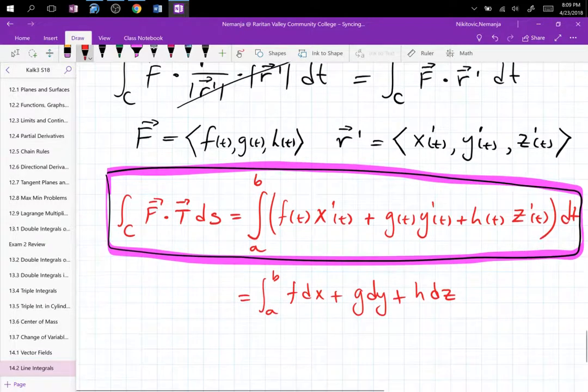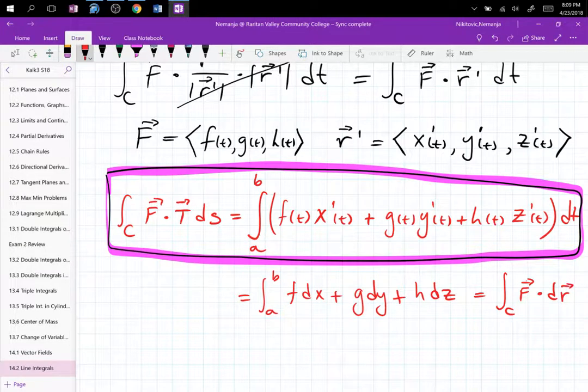Generally, this notation freaks people out. And then the last one, right, vector f dotted with dr. That's also the vector one. The one that I boxed is the one that you are using to compute things. The other ones are there for future definitions and things.